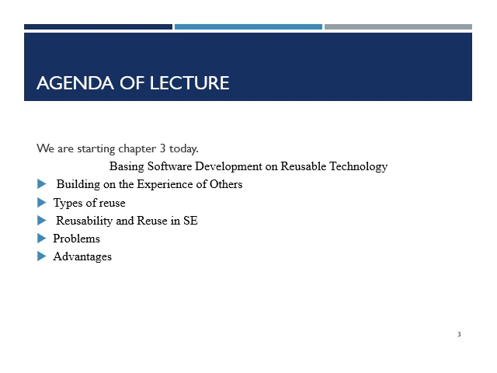Some of the topics we will discuss are building on the experience of others and how important the experience of others is, some types of reusability, what reusability is and what the role of reuse in software engineering is, some problems we will face in reusability, and what the reasons behind these problems are, and also some advantages of it.